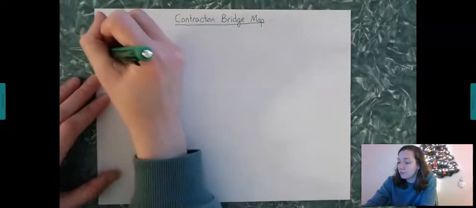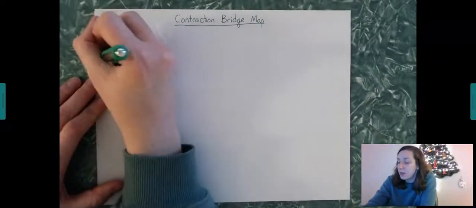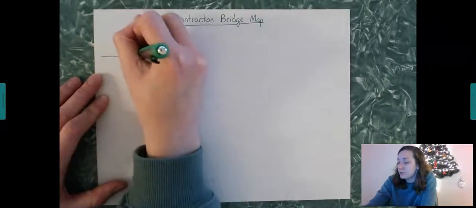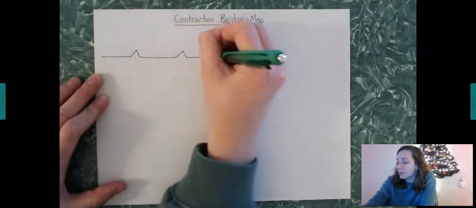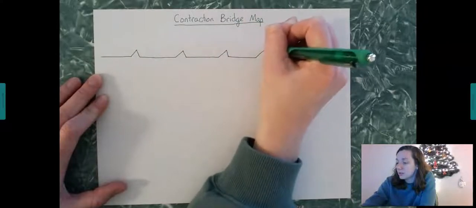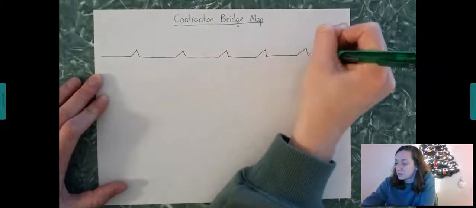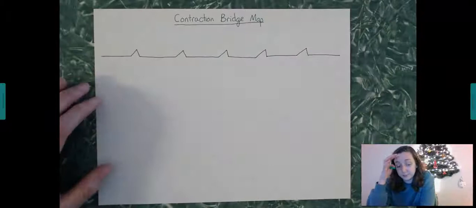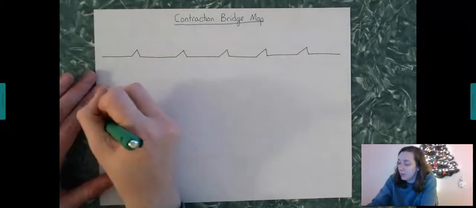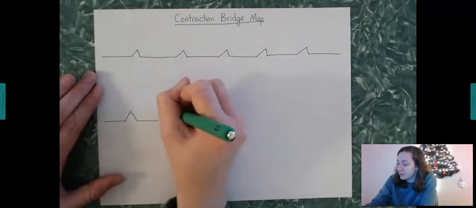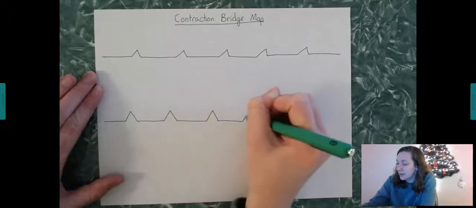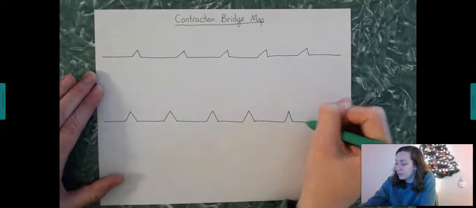So remember, our bridge map is where you have a bunch of relating factors all together. We're going to have 2 rows of 6, so do your best to make that as neat as you can.